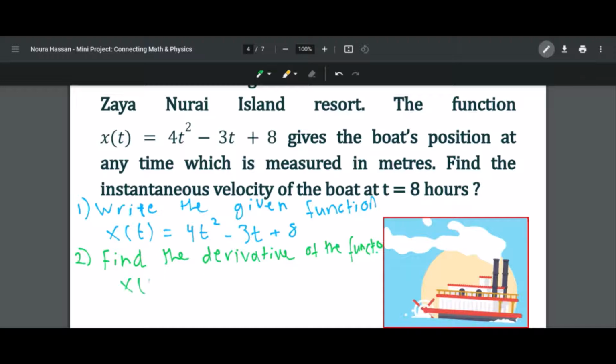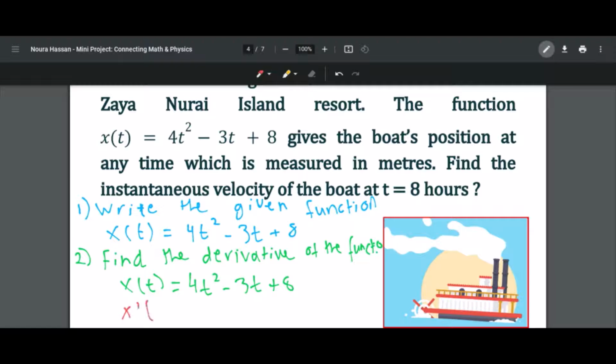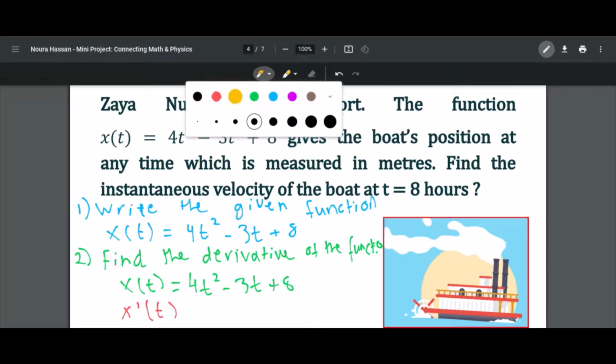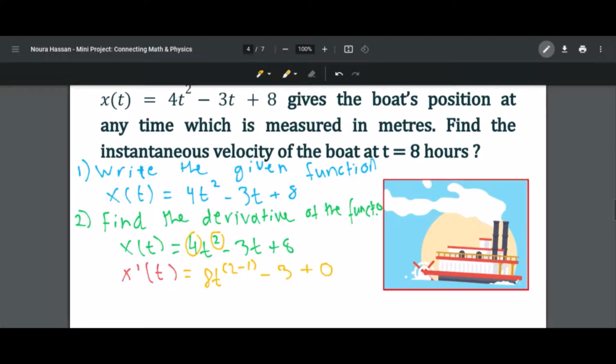What we have is x of t that equals 4t squared minus 3t plus 8. x prime of t will equal 4 times 2, and that will equal 8t to the power of 2 minus 1 minus 3 plus 0, which will equal x prime of t equals 8t minus 3.